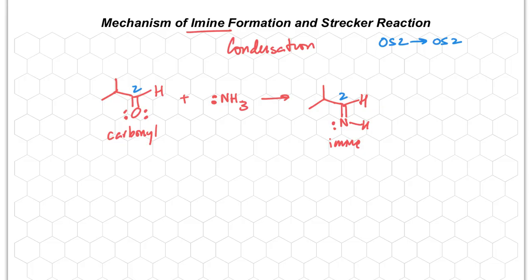If we look at what is the other product of this, so we have NH3 here, we have an oxygen there. The product has NH, so what is the difference? It's producing water, so it's a small neutral molecule, it's stable.